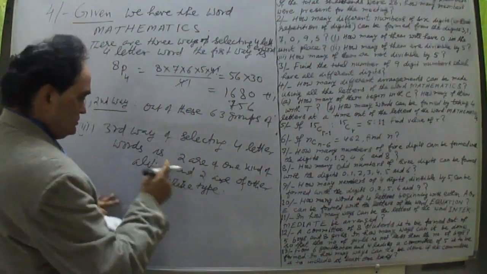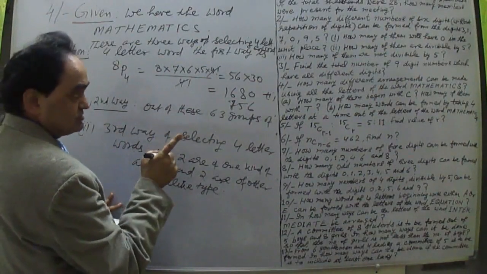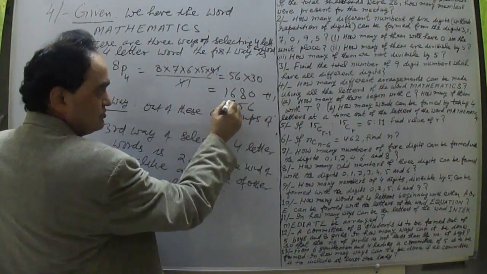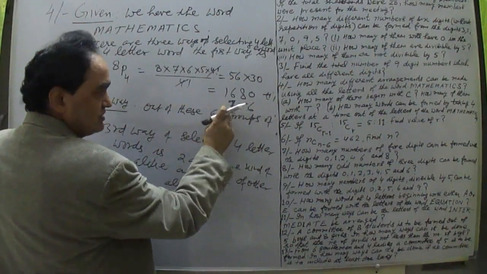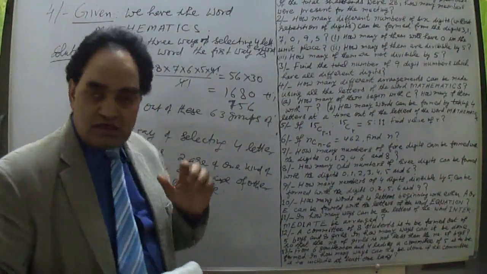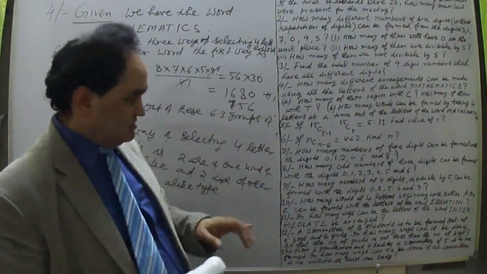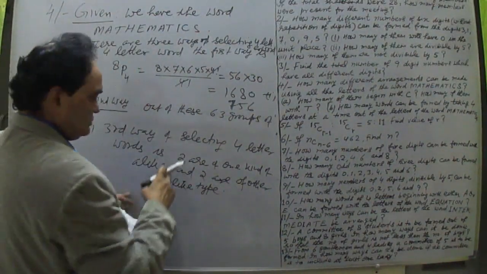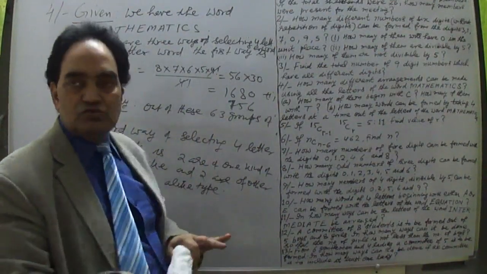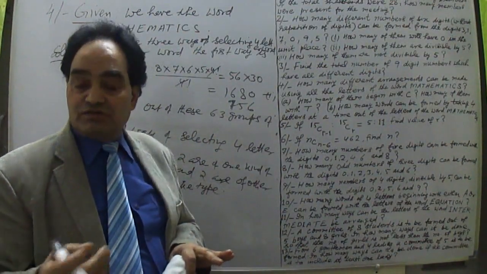Okay, so this is the third way. Try to understand. Total 2 types we have selected already, 1680 one way was, and second way is 756, in which 2 were alike characters or 2 were different characters. Now in the third type, both have similar characters, but 2 are of one kind and the other 2 are of second kind.